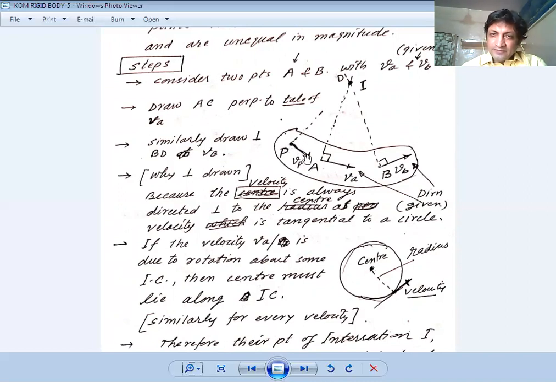These two lines, the velocity and this line from the IC, must be perpendicular to each other. So here we can calculate the direction of the velocity as well as the magnitude of the velocity.